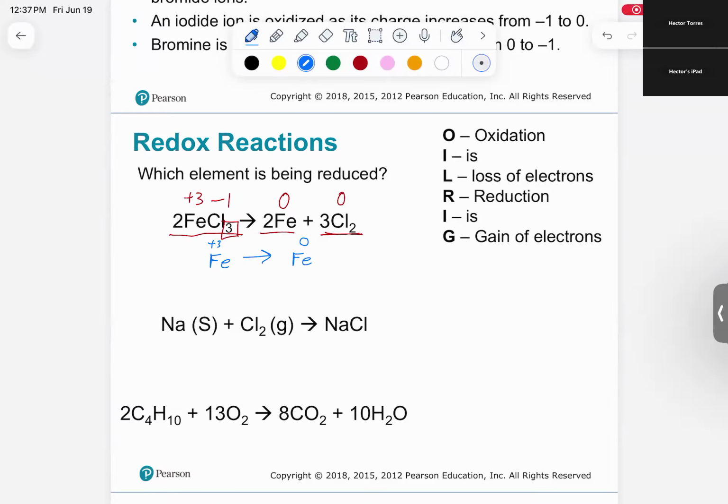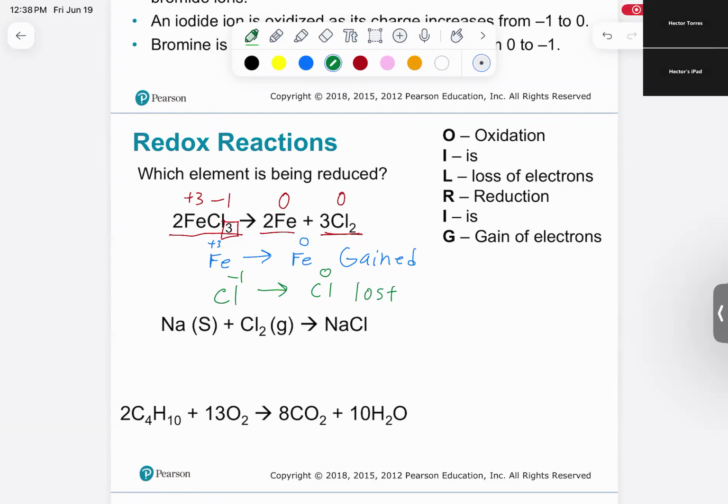Now for chlorine, chlorine started as a -1, and it goes to 0. Before, it had an extra electron, now it has a neutral amount of electrons, so it lost electrons.